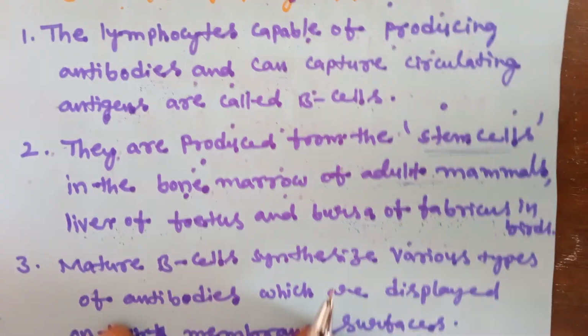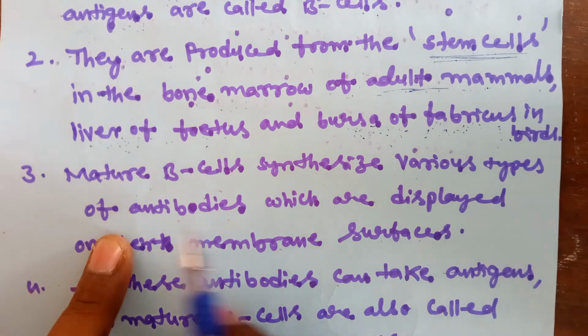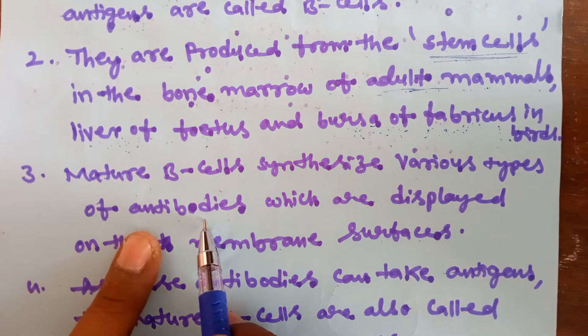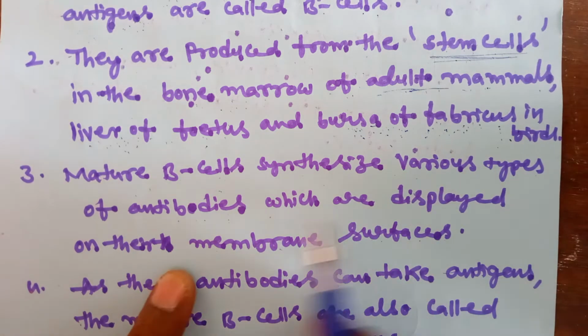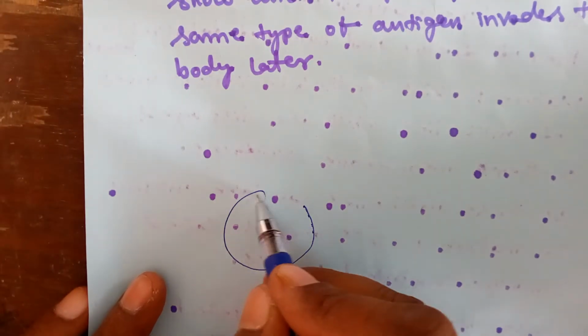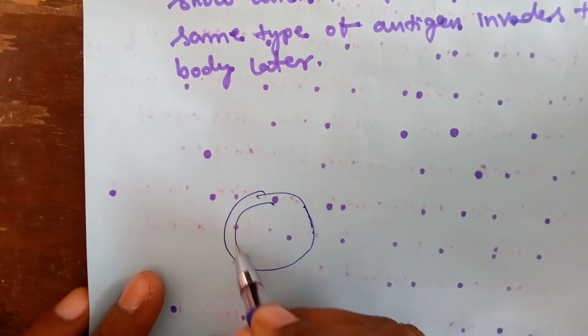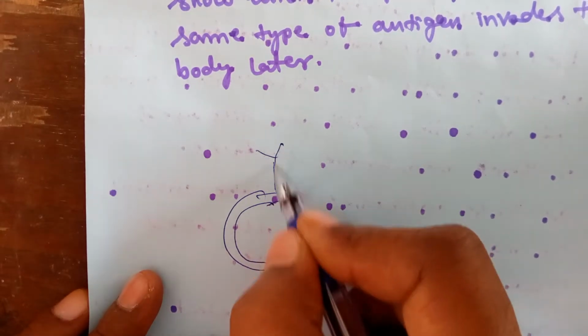These mature B cells synthesize various types of antibodies, which are displayed on the surface membrane. For example, this is one B cell, and on the surface membrane there are Y-shaped structures.